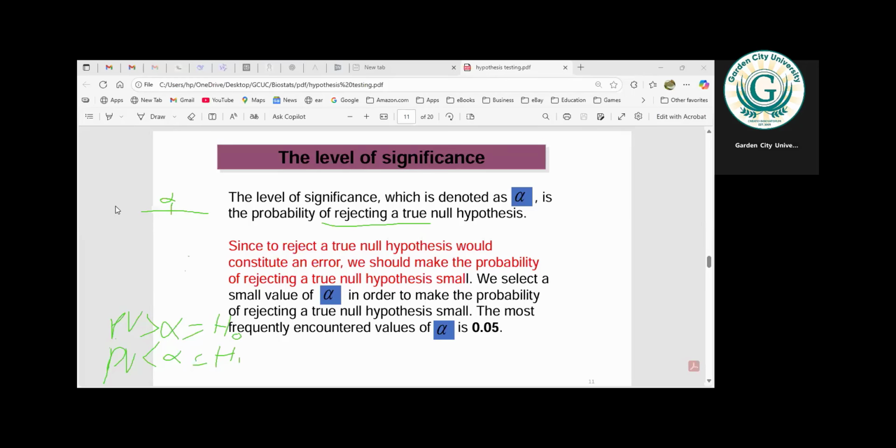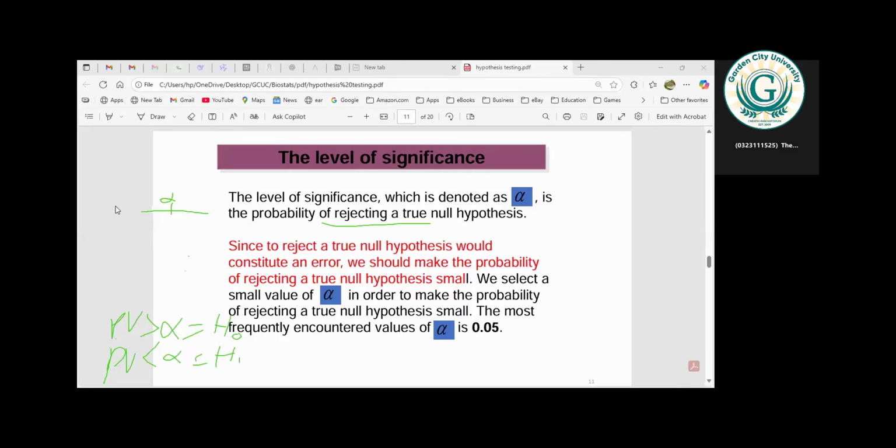The sentence says that to reject a true null hypothesis would constitute an error, that one I don't understand.